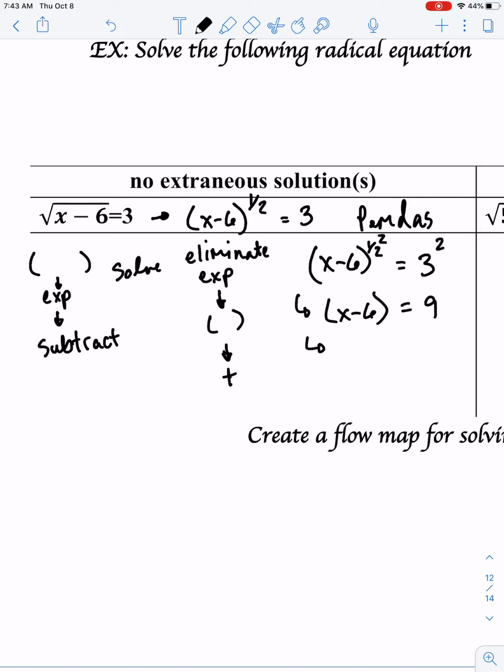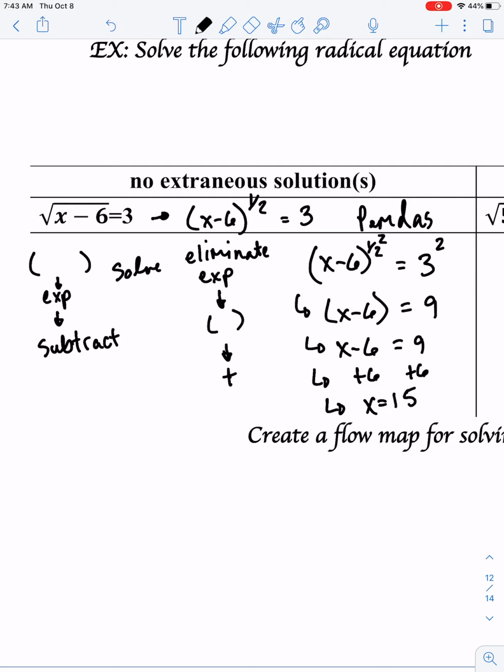Now I want to get rid of the parentheses. There's nothing here to simplify or perform operations on in the parentheses anymore, so I can just drop them off. After I get rid of the parentheses, I'm going to undo subtraction by adding 6 to both sides, in which I get x is equal to 15.